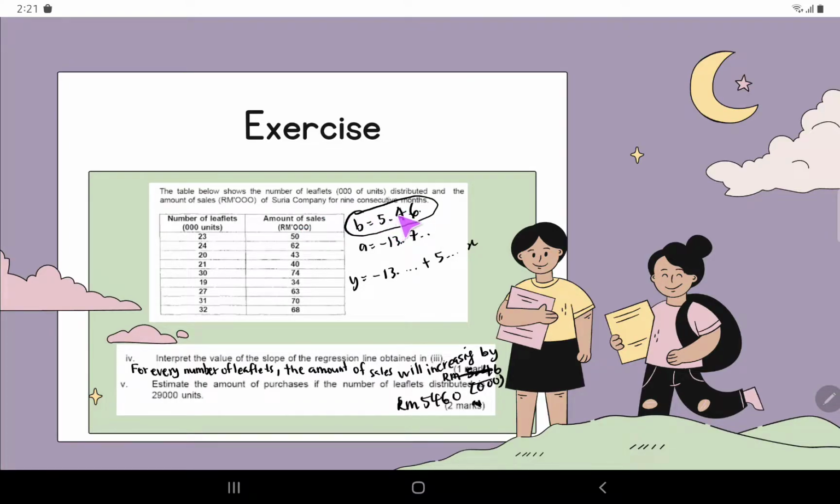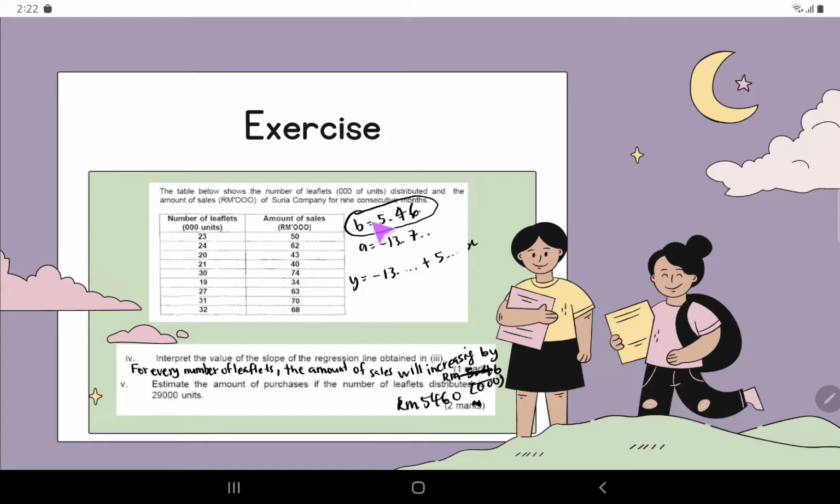So jawapan dia macam ni. For every number of leaflets, bukan setiap satu, sebab dekat sini darab dengan 1000 unit. So maksudnya setiap 1000 unit leaflet, the amount of sales will increase by 5460. Macam tu. Okay, itu jawapan dia.